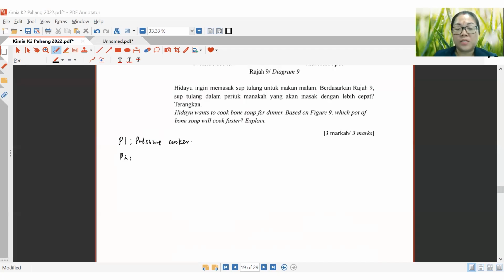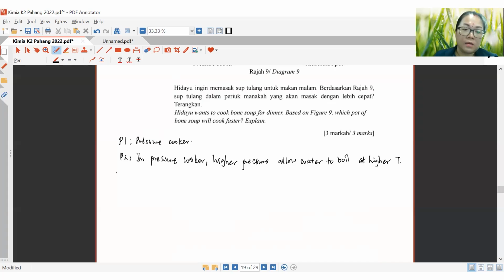So in pressure cooker, you can mention, higher pressure allows water to boil at a higher temperature.